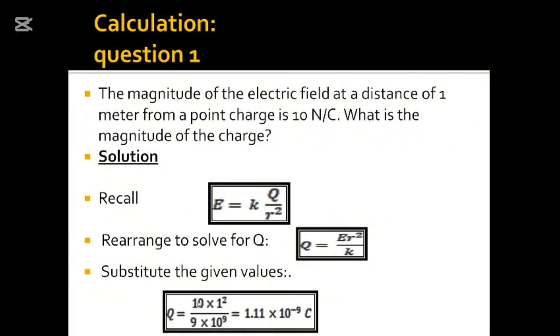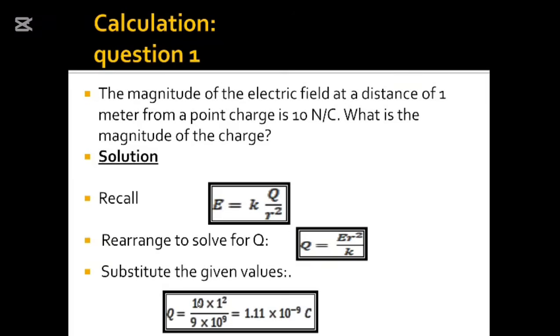Let's look at the brief calculation we have here. Question number 1 says, the magnitude of electric field at a distance of 1 meter from a point charge is 10 Newton per coulomb. What is the magnitude of the charge?